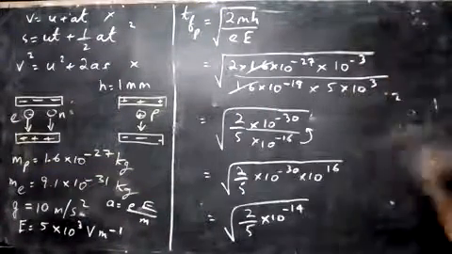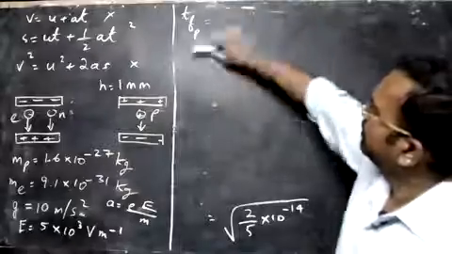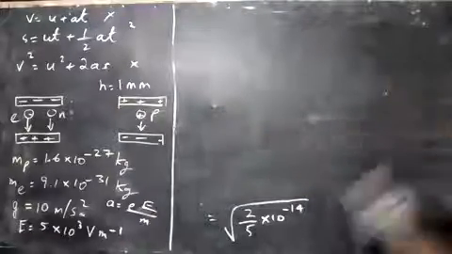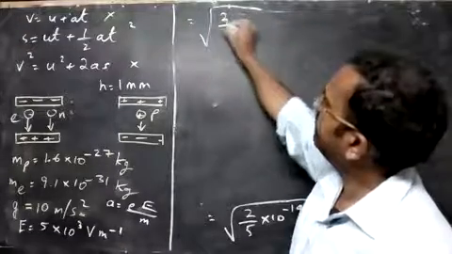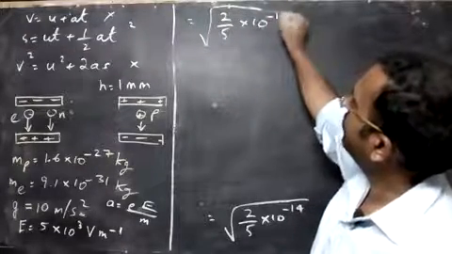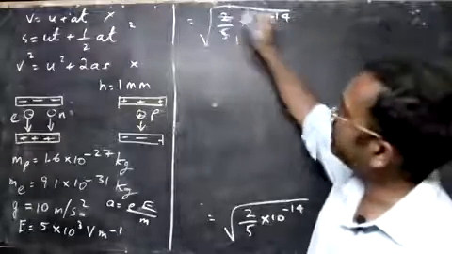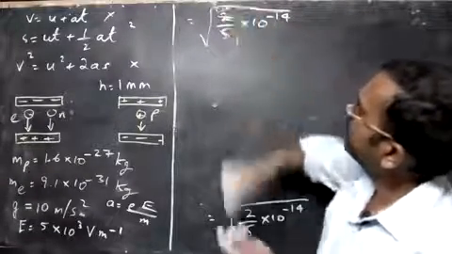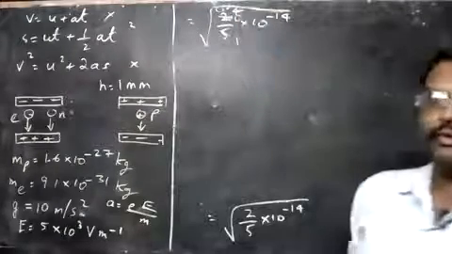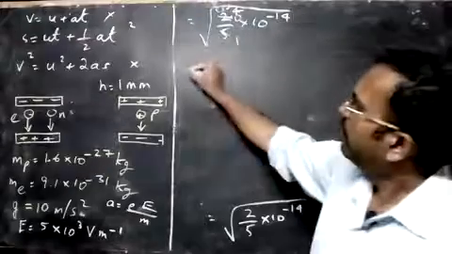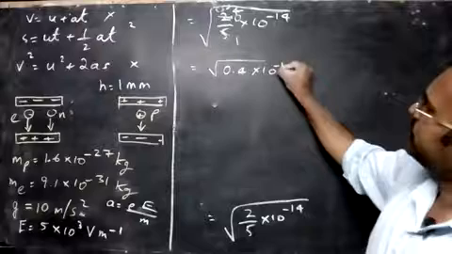Let me write on top here first, it's easy to see. 2 by 5 into 10 power minus 14. So 2 by 5, you can do division directly. 5 will not go into 2, write a 0 here, decimal point. 5 fours are 20. So you get here 0.4. So we have here root of 0.4 into 10 power minus 14.